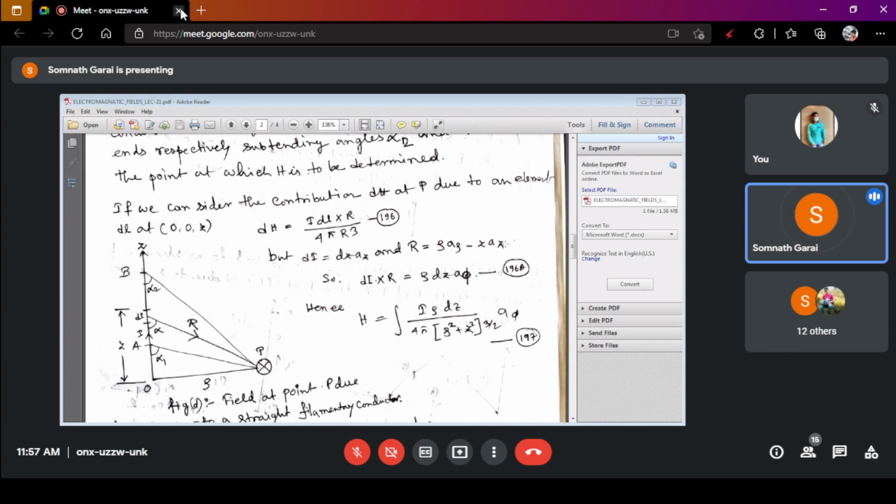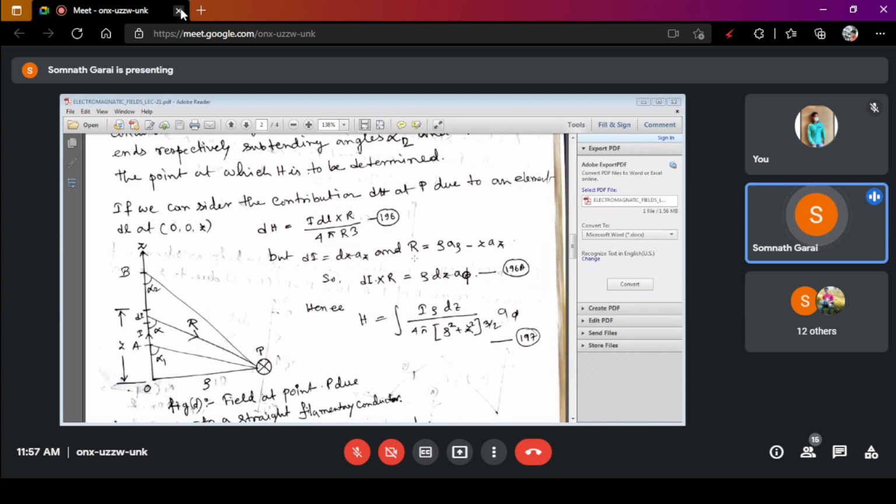Now, if we take the cross product of these two values, we can express dl cross r is equal to rho dz a_phi, because we know that a_rho and a_z are the unit vectors in the rho direction and the z direction, and it is cylindrical in nature.